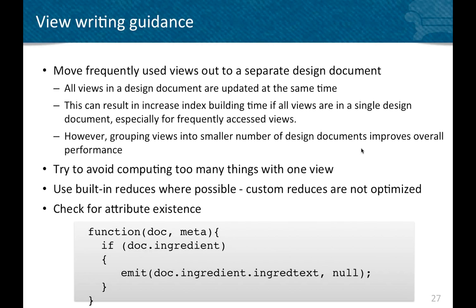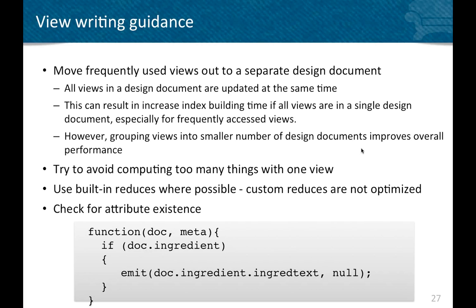And then this last point is really important. So I've got there, if the document has an ingredient, then emit the ingredient text. If I'd left out that guard clause, as I was mentioning earlier, you're going to have a runtime exception in the view, because it'll try to find undefined .ingredient text on documents that don't have ingredients.